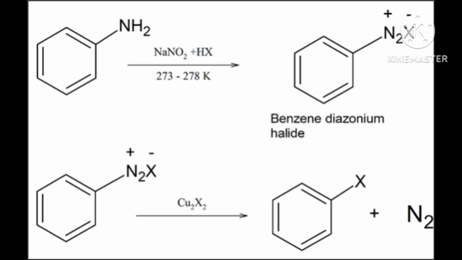Then after that what will happen? Now think about the HX. H already gone, X minus is there. This X minus requires positive, it will go to the positive because X is negative.